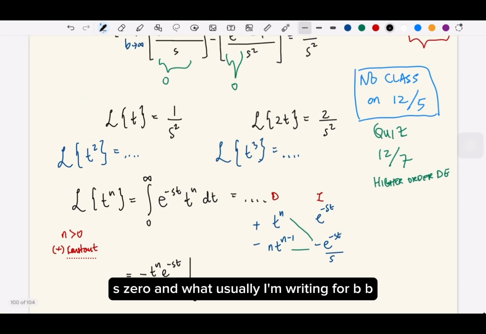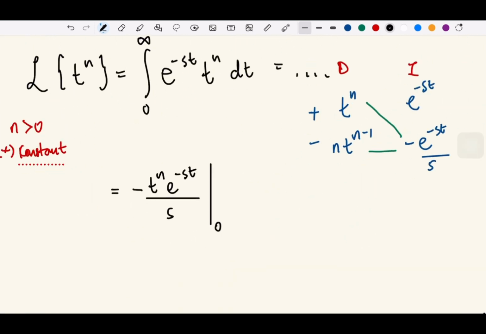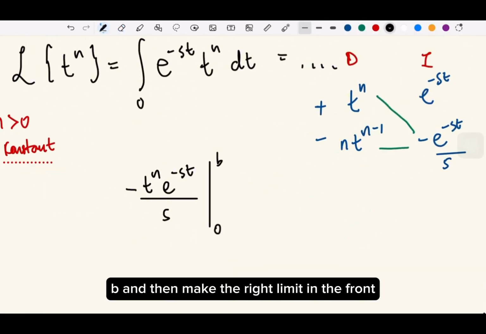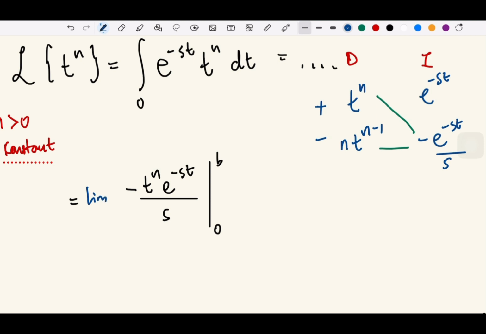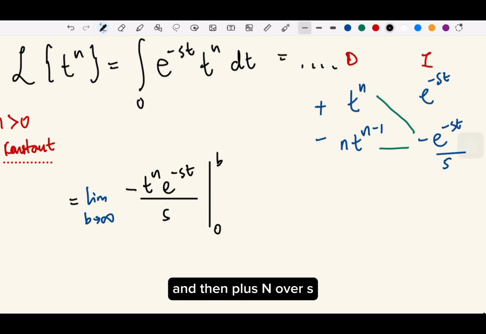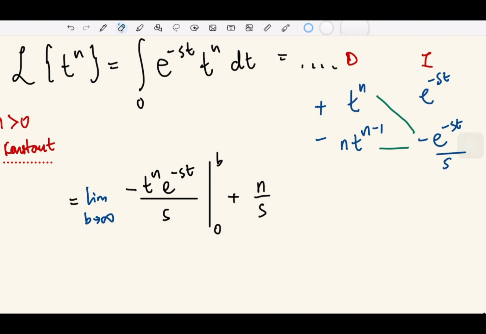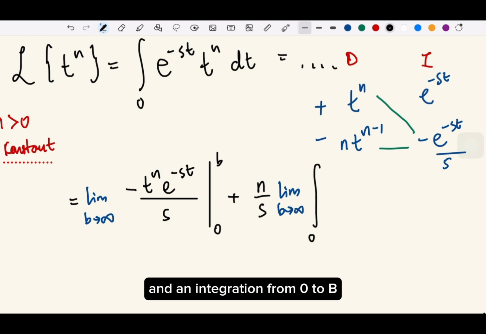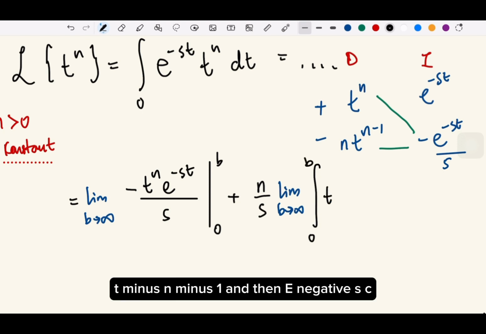And what I usually write for b. Okay, b, and then maybe write the limit in the front. And then plus n over s, integration, or maybe limit, and then integration from 0 to b, t to the n minus 1, and then e to the negative st dt.